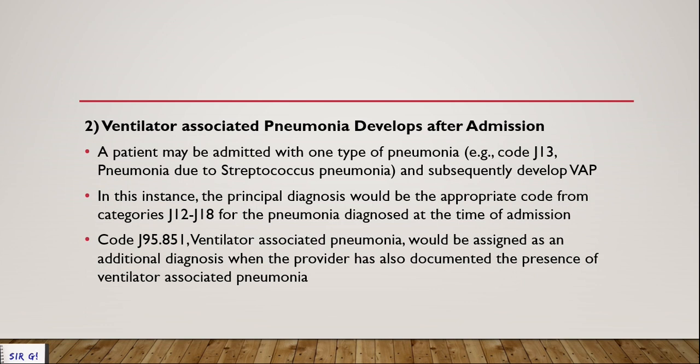In this instance, the principal diagnosis would be the appropriate code from J12 to J18 for the pneumonia diagnosed at the time of admission. And then the code J95.851 would be assigned as an additional code when the provider has also documented the presence of ventilator-associated pneumonia.